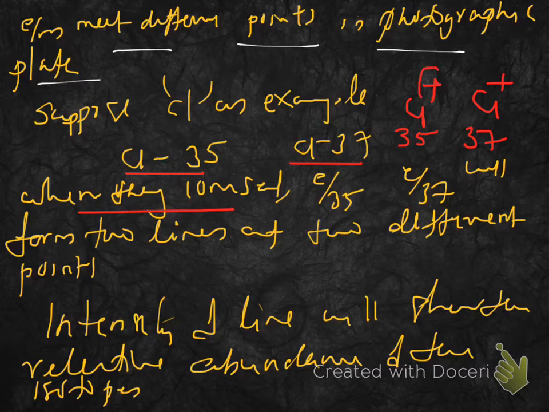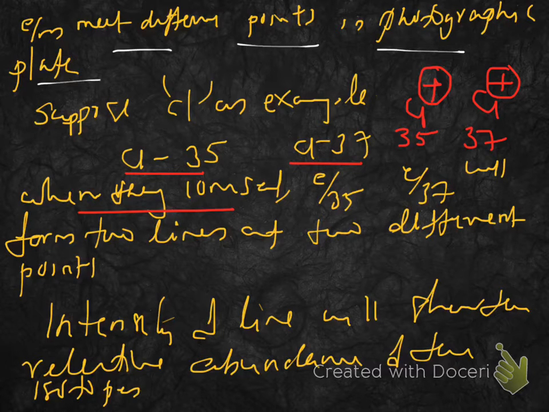It is positively charged. So E by M is 1 by 35 and 1 by 37. If you substitute the value of E, 1.6 into 10 raised to minus 19, you will get the correct value. For simplicity, we are using 1 by 35 and 1 by 37.